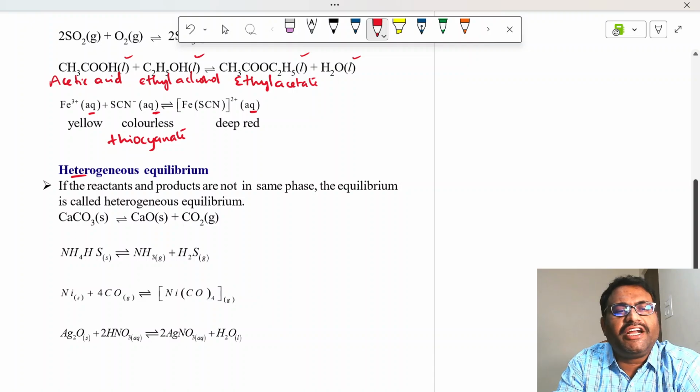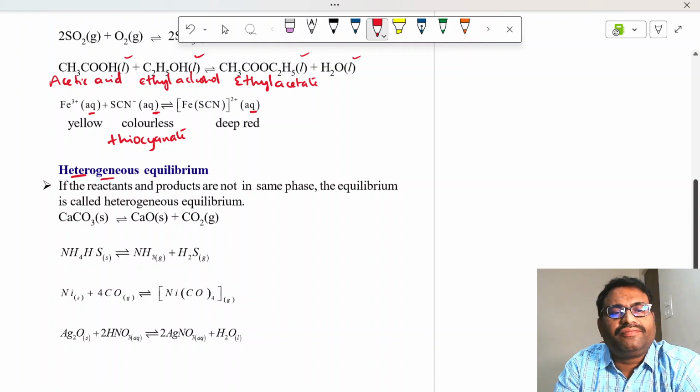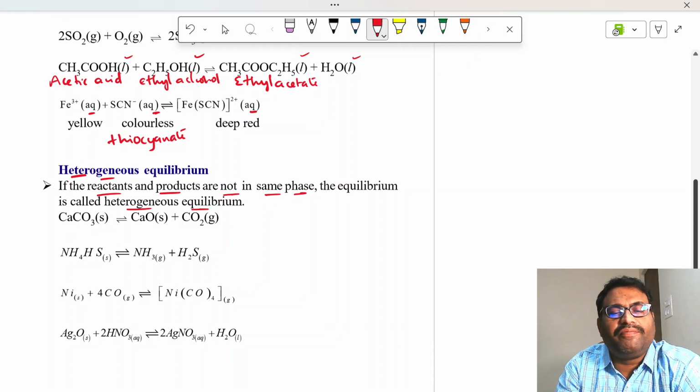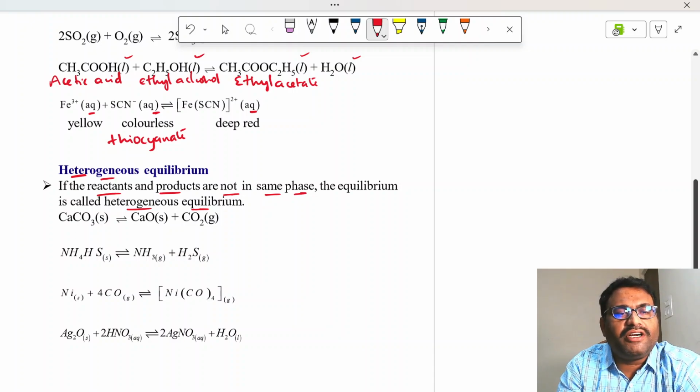Coming to heterogeneous equilibrium. Heterogeneous means different. If the reactants and products are not in the same phase, then the equilibrium is called heterogeneous equilibrium. See here, calcium carbonate solid, gas. All are not in the same state. Here you can find solid, gas.